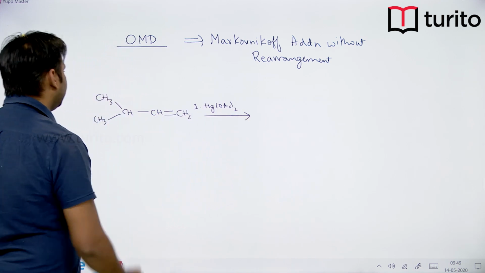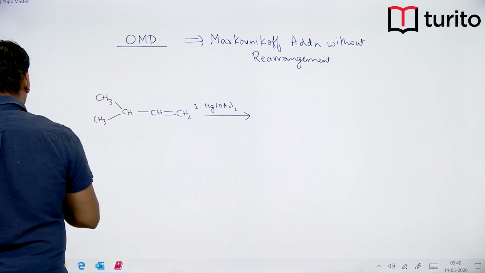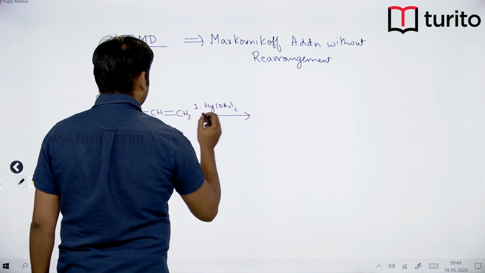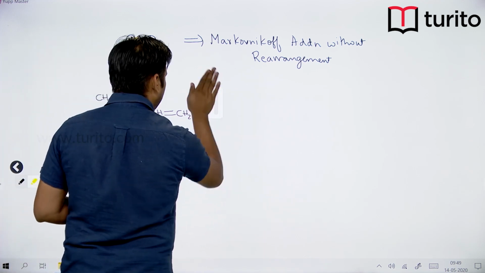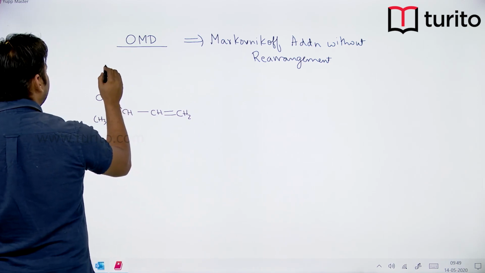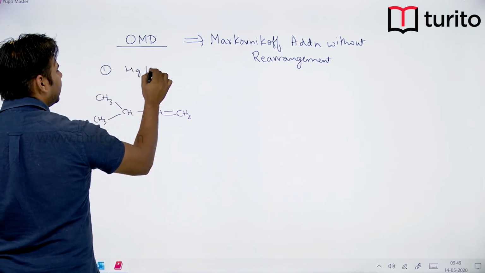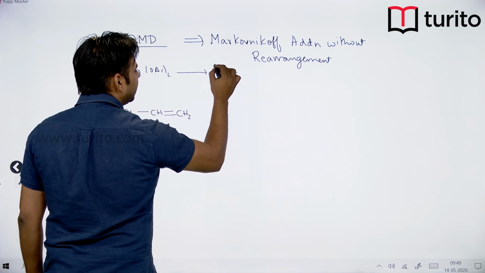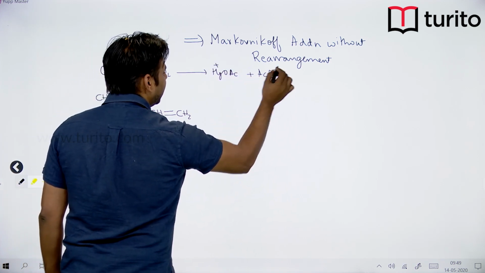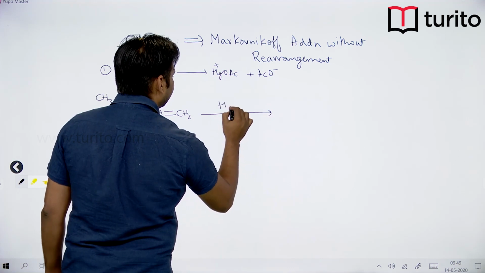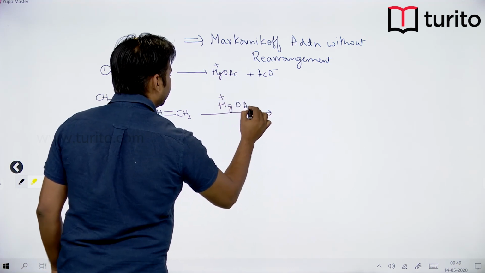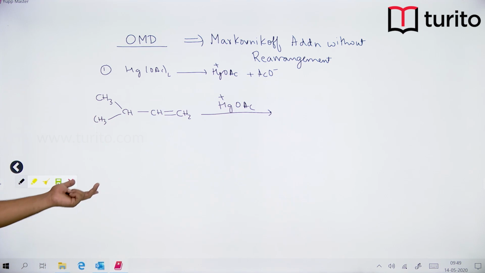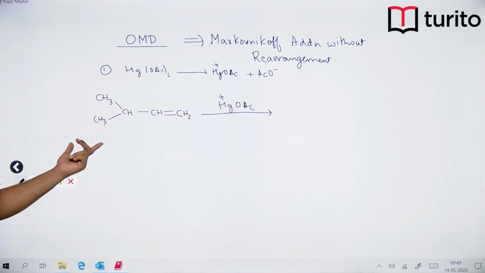Mercuric acetate first breaks into HgOAc plus acetate ion.